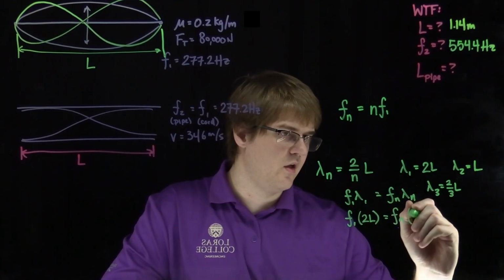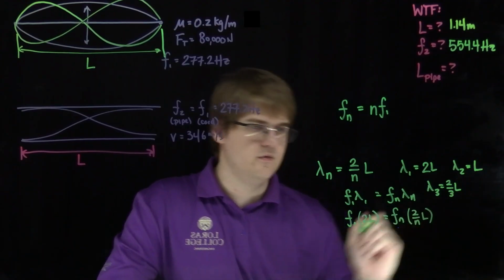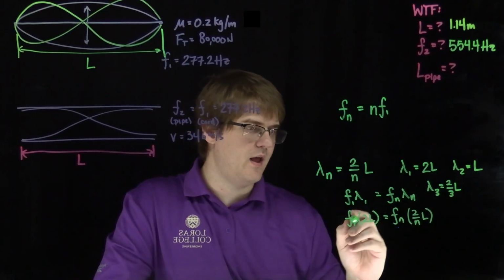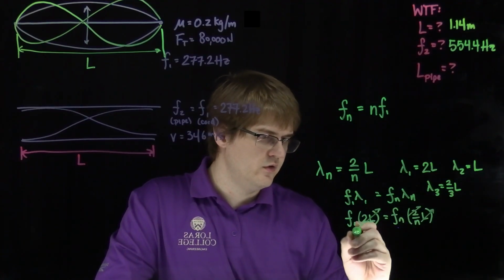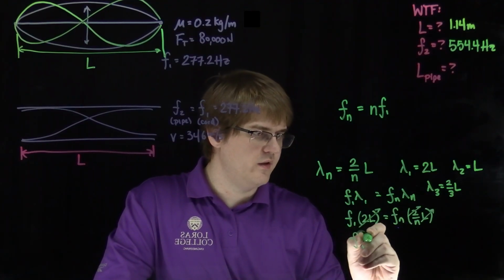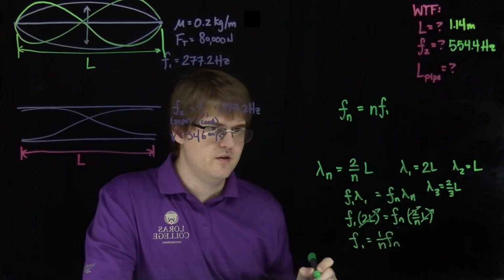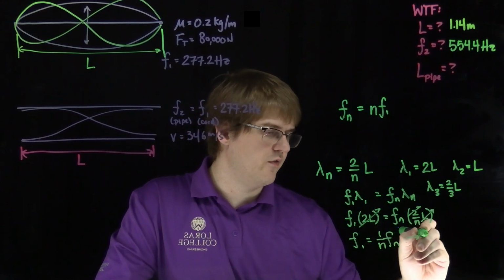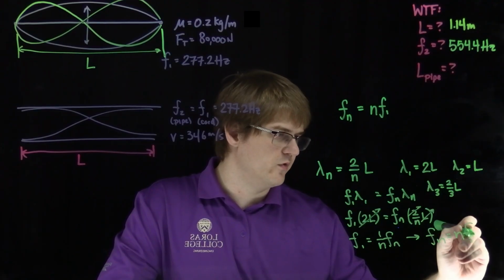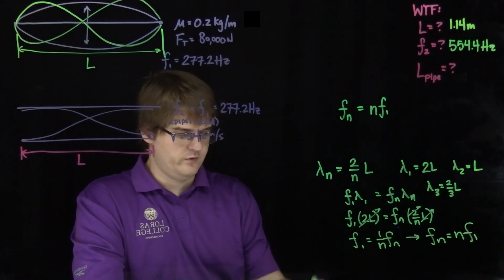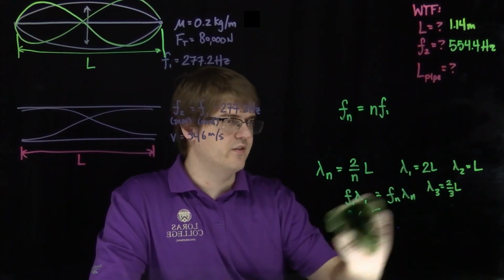Lambda n is 2 over n times L. I'm going to go ahead and divide both sides by 2L. So I get frequency 1 is equal to 1 over n frequency n, and therefore frequency n is equal to n times frequency 1. So that's where that equation is coming from, in case we didn't get a chance to discuss that in class.